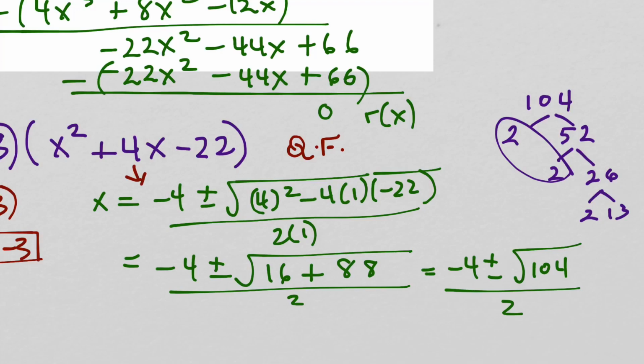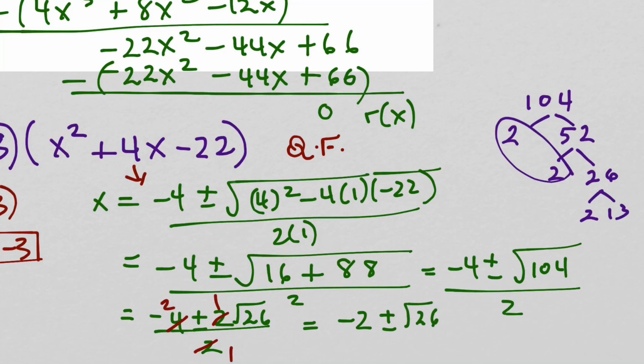So I've got equals to negative 4 plus or minus 2 root 26 over 2. Let's cancel, cancel, cancel. So this is equal to negative 2 plus or minus root 26.